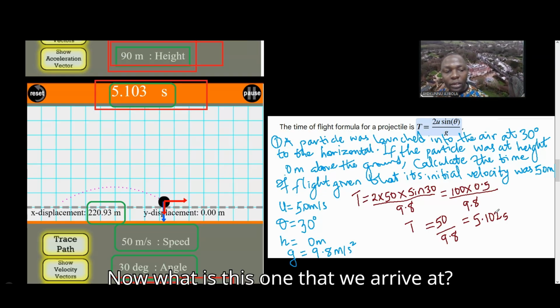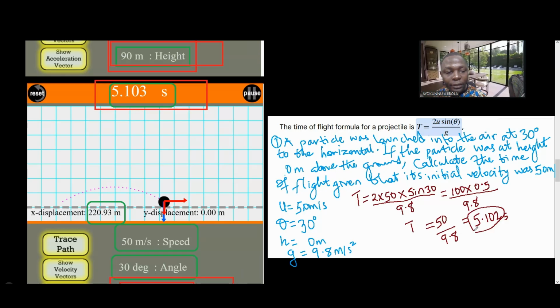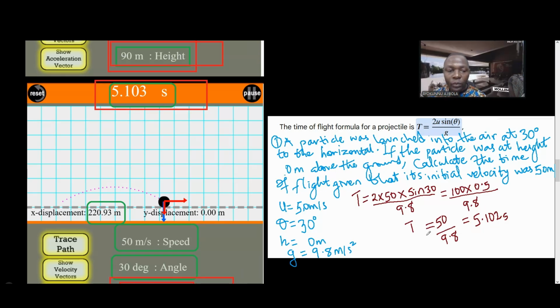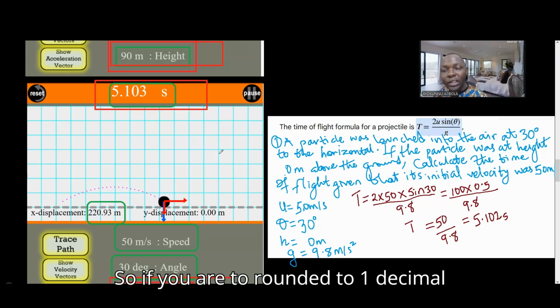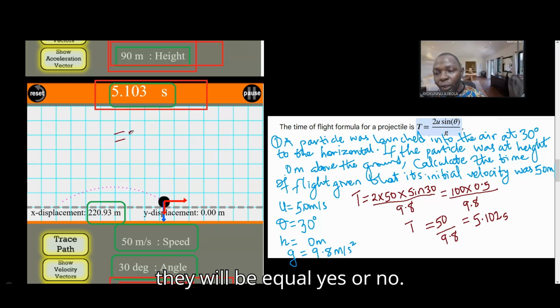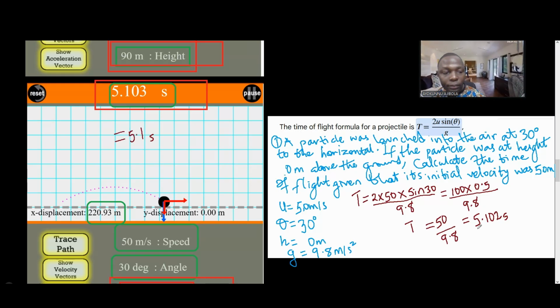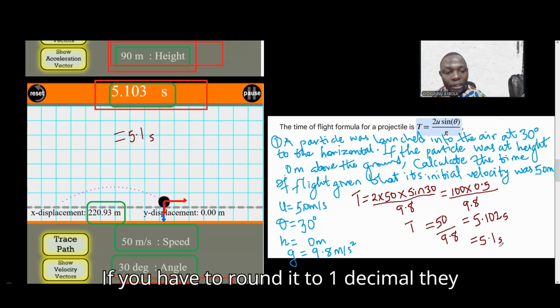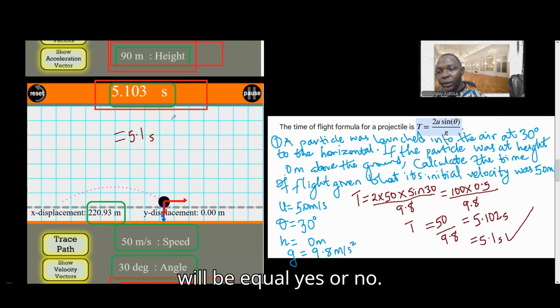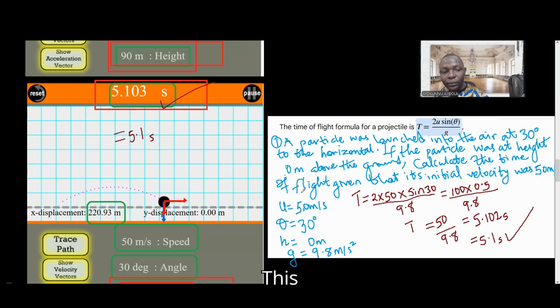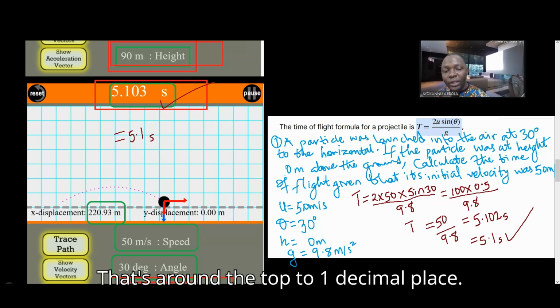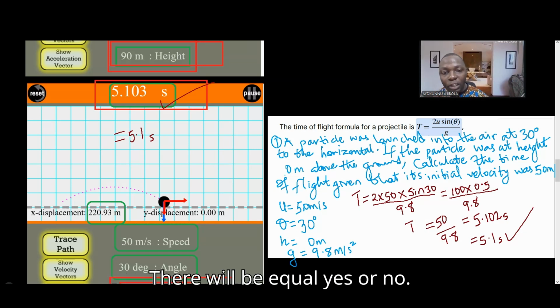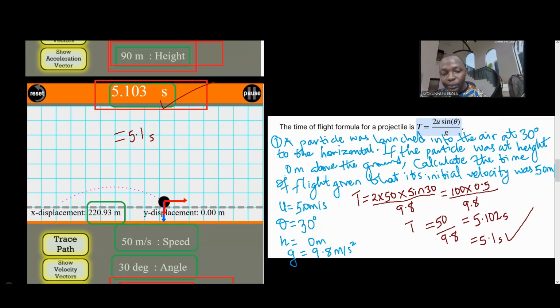And what is this one that we arrive at? 5.102. So if you are to round it to one decimal place, they will be equal, yes or no? 5.1.